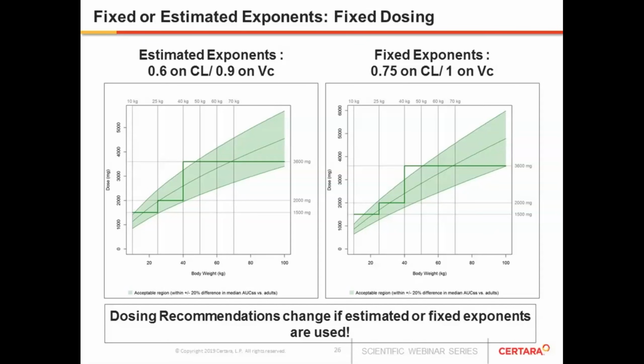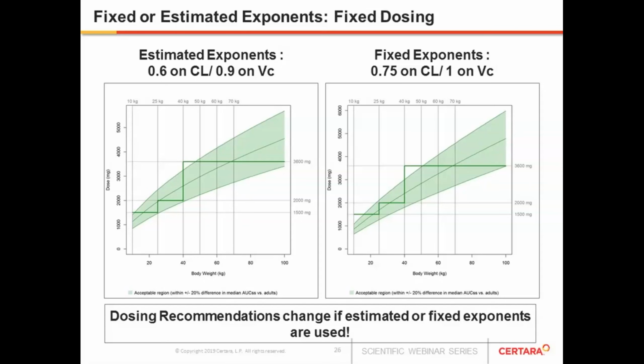The dosing recommendation using this final model was 1,500 for 10 to 25 kilograms, 2,000 for 25 to 40, and then 3,600 for patients above 40 kilograms. In this example, we already see that patients between 40 and probably 46 kilograms were outside the 20% acceptable difference with adults, but that was acceptable.